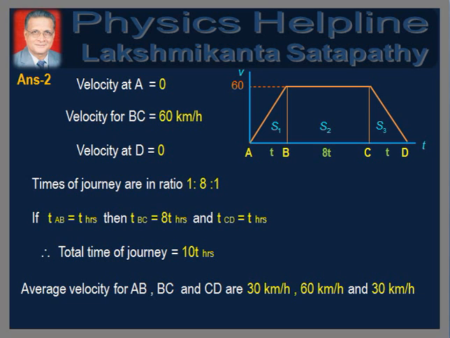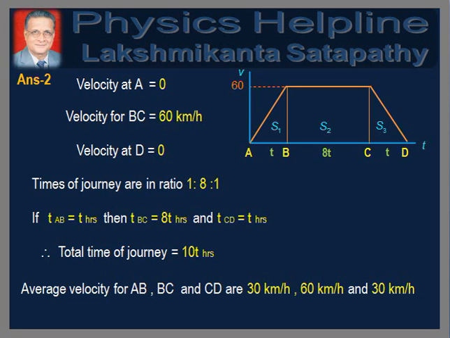It is given in the question that the 3 time intervals are in the ratio 1:8:1. Let the time intervals for motion AB, BC and CD be equal to t, 8t and t hours respectively.